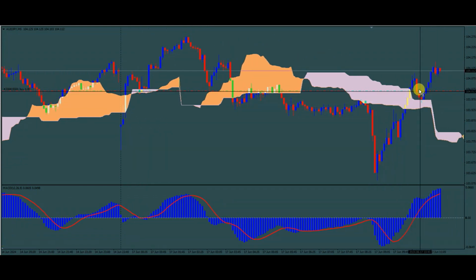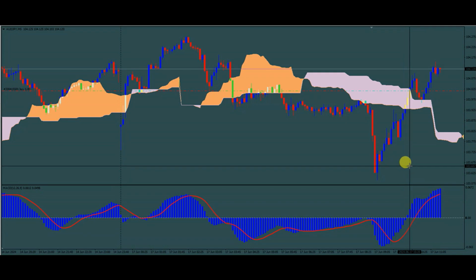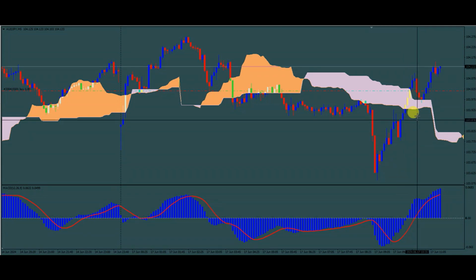So the current one now, we have the MACD above the zero line and the price is above the cloud, so accordingly I opened a buy trade, and as you can see the trade is still moving in our direction.